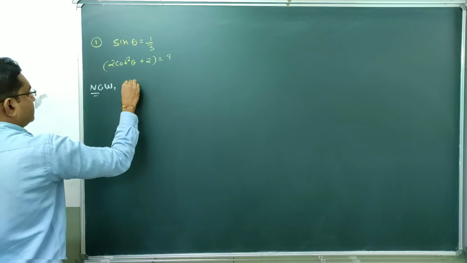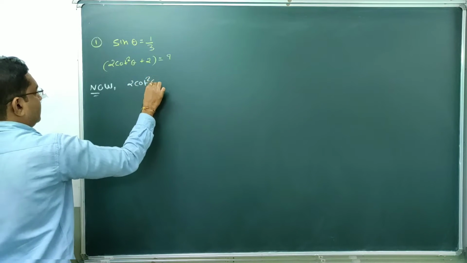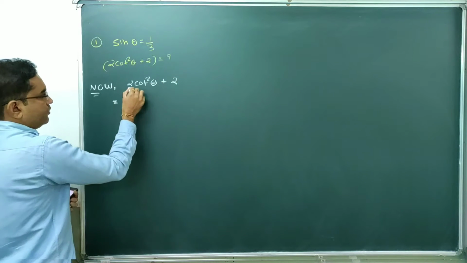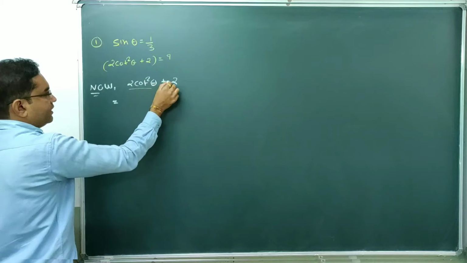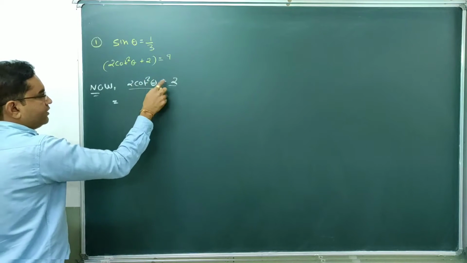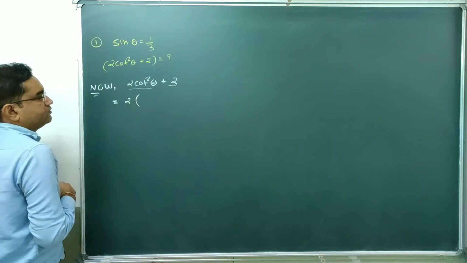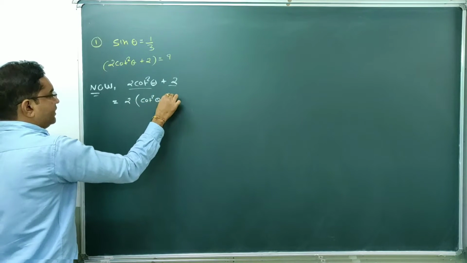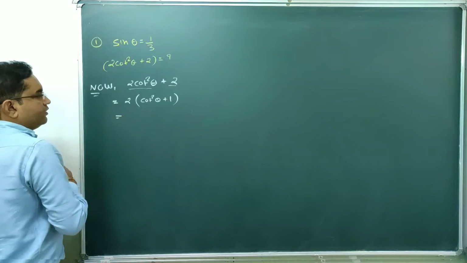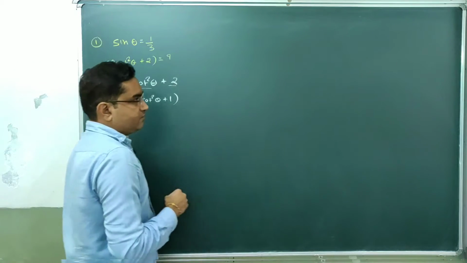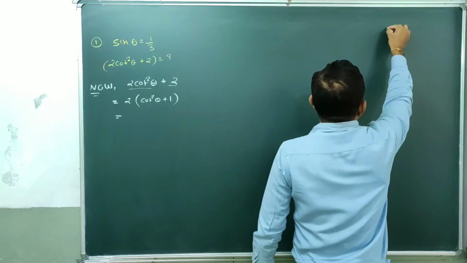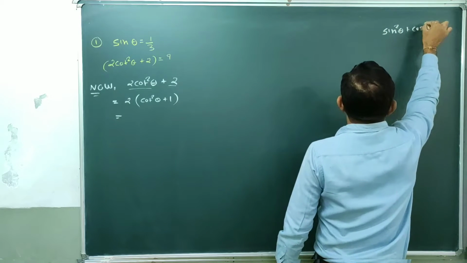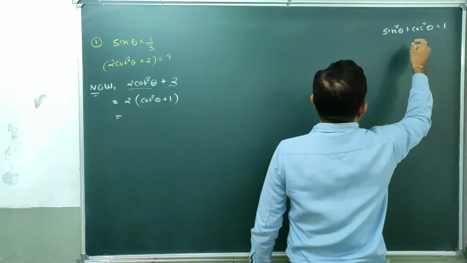It's 2 cot square theta plus 2. Now here two terms are there, so from both the terms we can take 2 common. The remaining terms will be cot square theta plus 1. Done. Here we are using the identities. 3 identities are there: sin square theta plus cos square theta equal to 1.